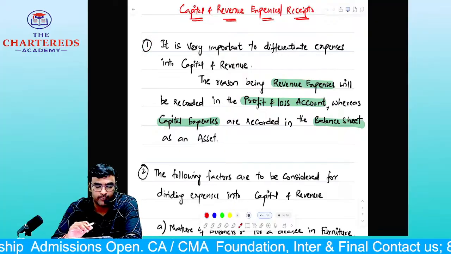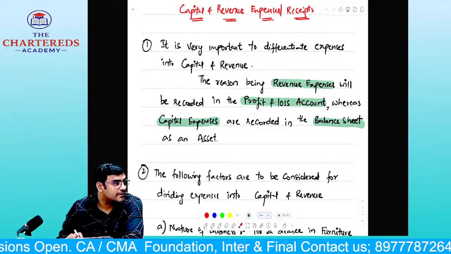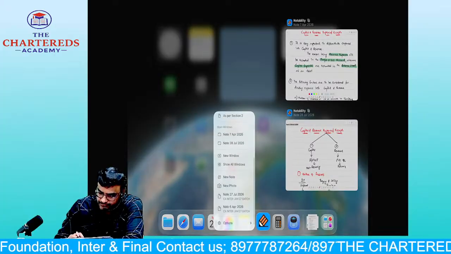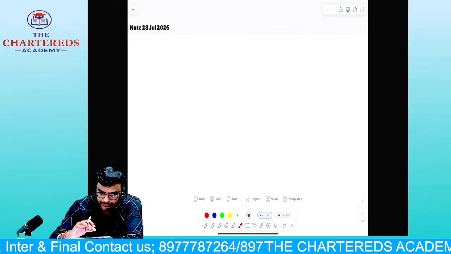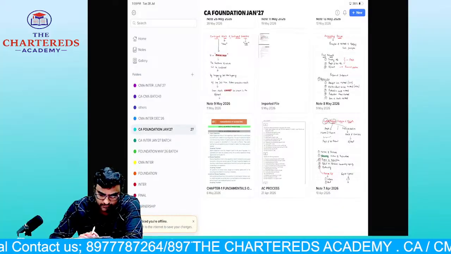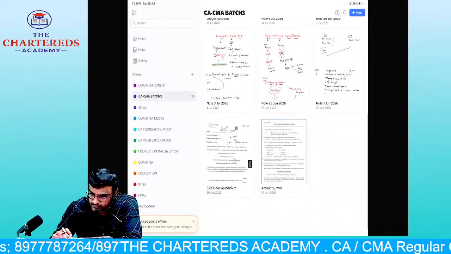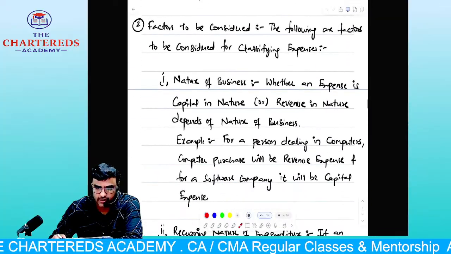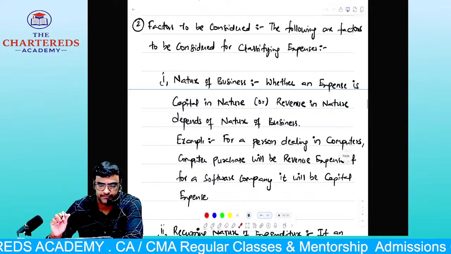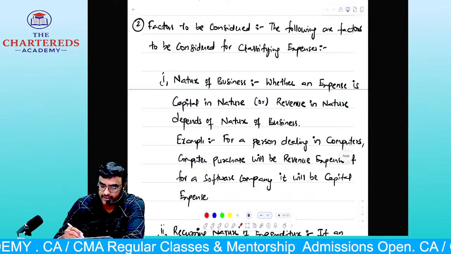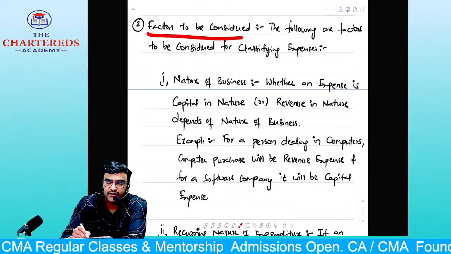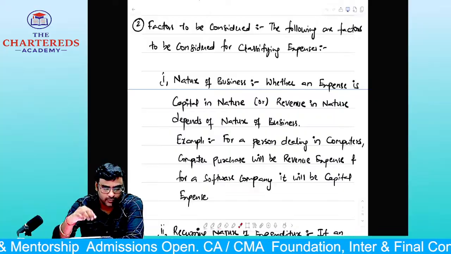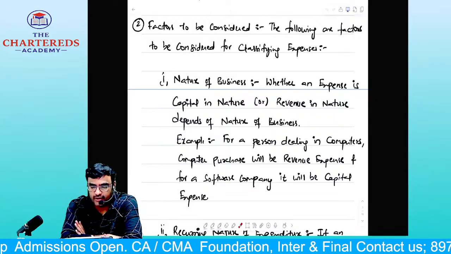I will display the second. Right. Point number two. Factors to be considered. What about the factors to be considered for classifying expenditure?